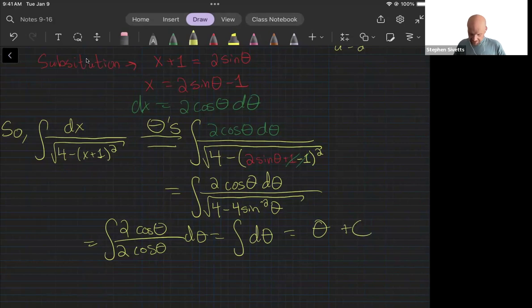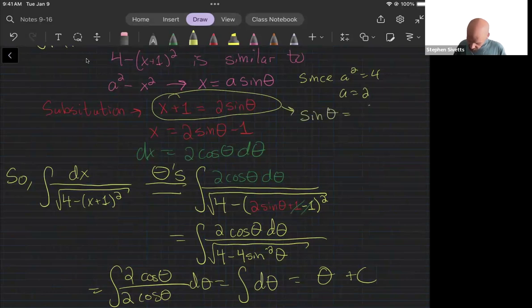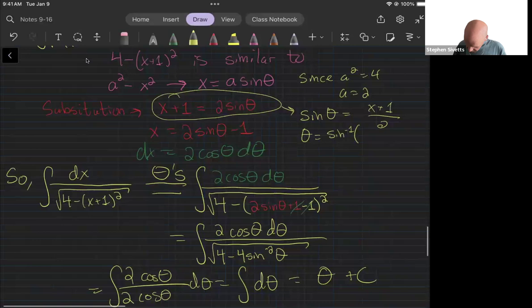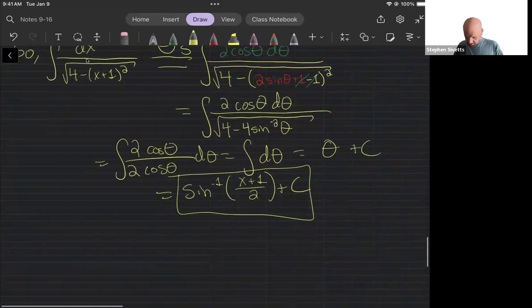But we need to get back to x's. What do we know? We know that x plus 1 is equal to 2 times sine theta, right? So that means sine theta is equal to (x plus 1) over 2. So theta is equal to inverse sine of (x plus 1) over 2. Okay, so this would equal inverse sine of (x plus 1) over 2 plus c.